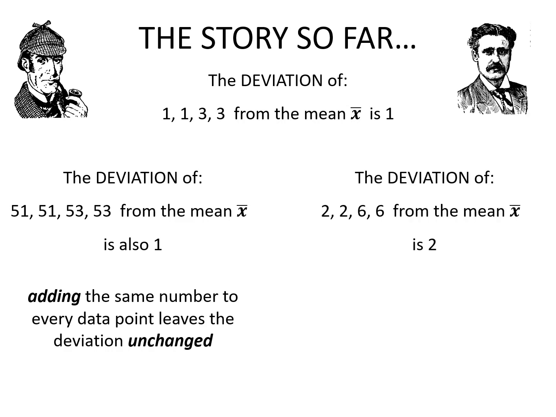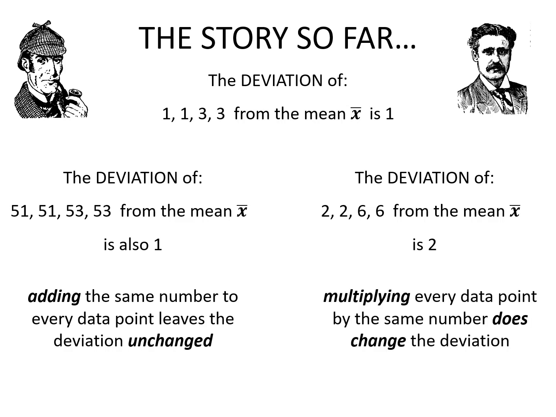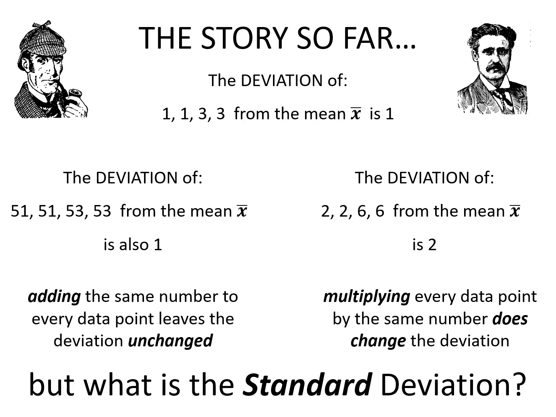However, when we double all the numbers in the data set, the deviation does change. So adding things to a set of numbers does not change the deviation, multiplying them does. And so, one question remains, my dear Watson. What is the standard deviation?